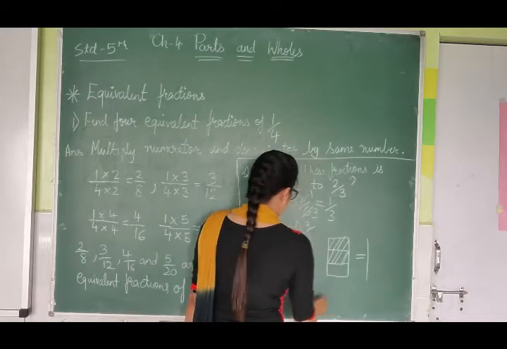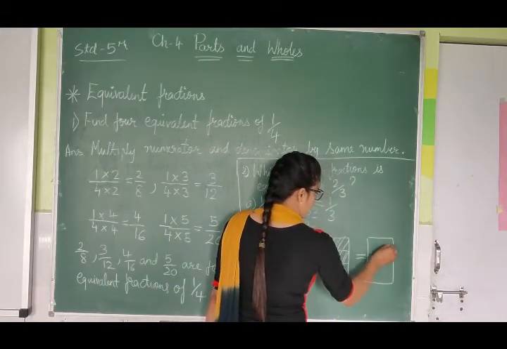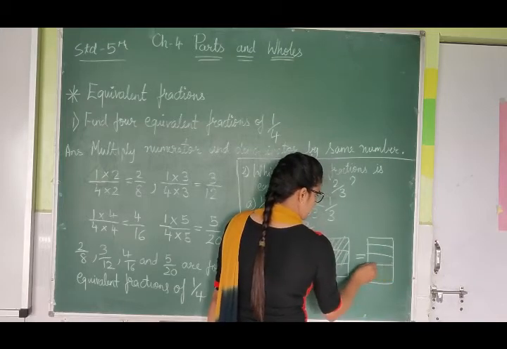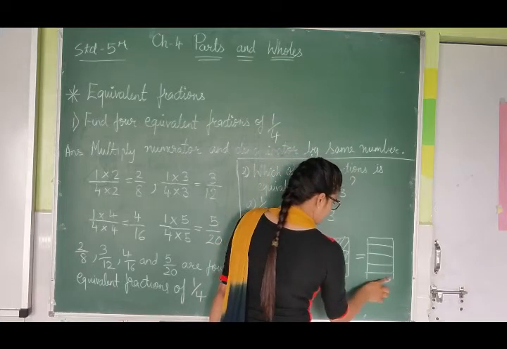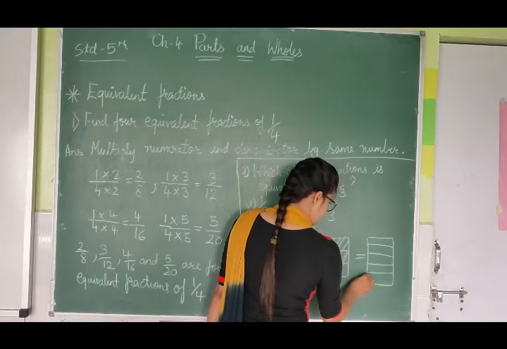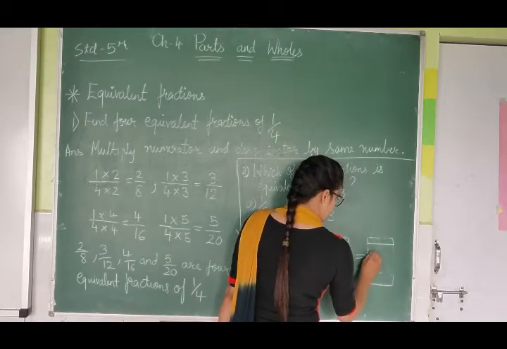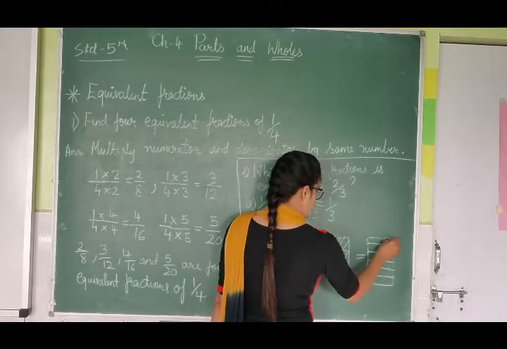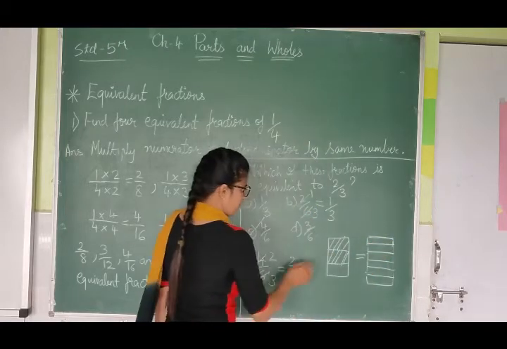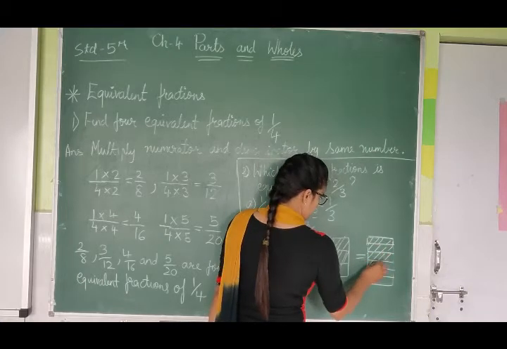It will be equal to 4 by 6. 6 parts we are making. 1 2 3 4, 1 2 3 4 5, 1 2 3 4 5 and 6. Out of 6 I will shade only 4 parts. 1, 2, 3, 4 parts.